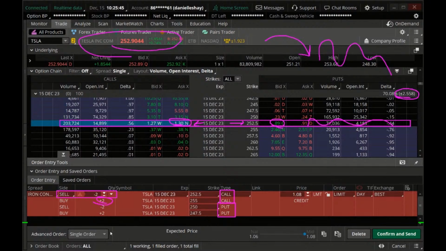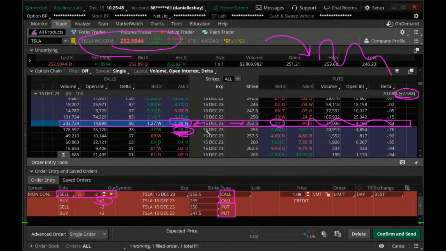I'm going to buy a call, and that call is going to be higher than where I sold my call, because that way, if Tesla flies through 255, that's where my risk is defined. I'll never be able to lose more money than where I defined my risk at 255.